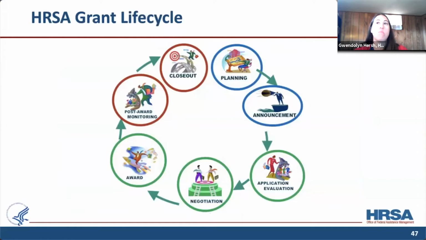Once awarded, the post-award monitoring continues until the project is complete and the grant is closed. So for today's presentation, we're going to stay high level on all parts of the grant's life cycle, but we're going to focus primarily on the announcement through application phase of the grant life cycle. Next slide.